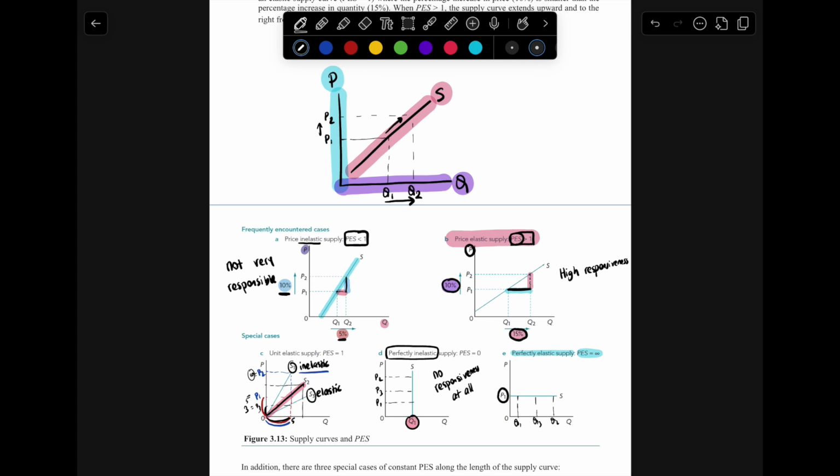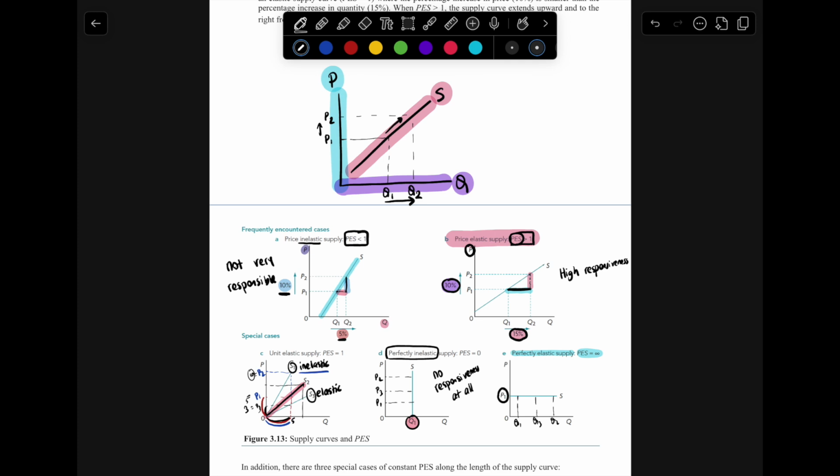So if the price is changed by 3 in S3, the quantity changes by 5. However, in S1, if the price changes by 10, the quantity changes again by 5. So this means that S1 is much more inelastic and S3 is more elastic than S1. So flatter means more elastic and steeper means more inelastic.